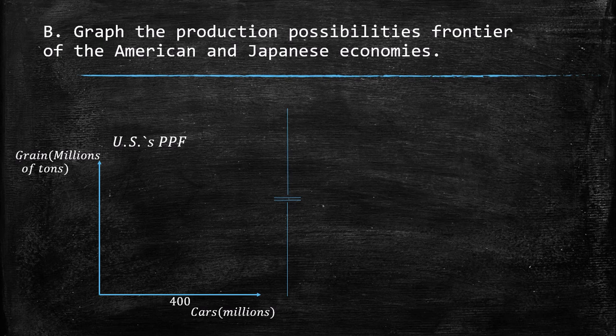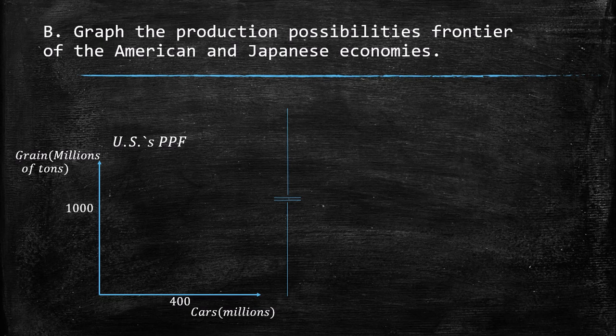We know that 4 cars are produced by each person, and because there are 100 million inhabitants, the maximum production of cars, if the United States devotes all its resources, is going to be 400.